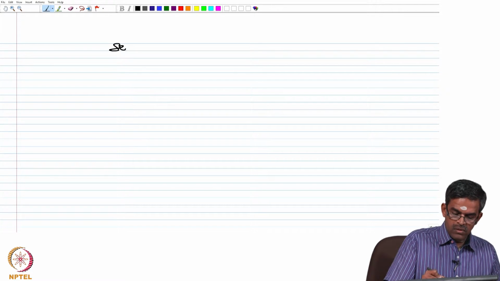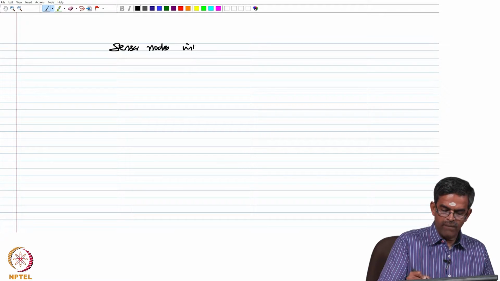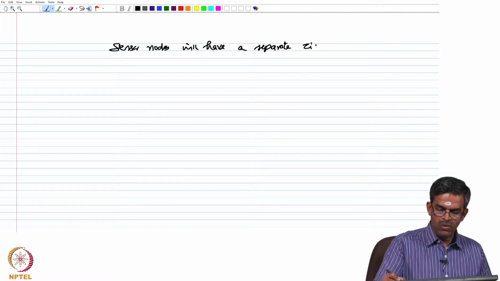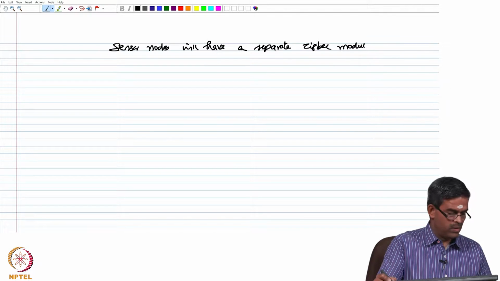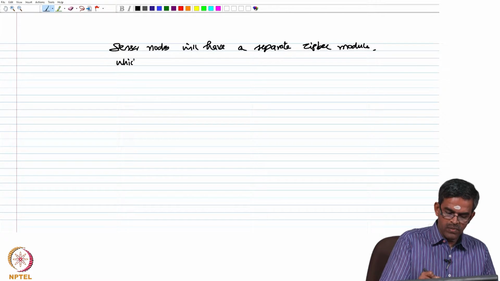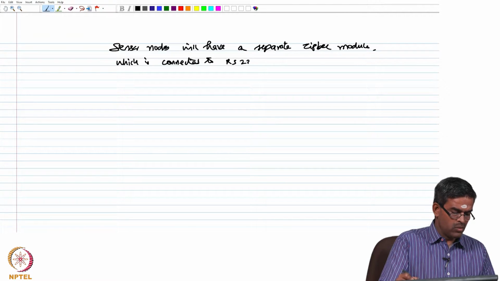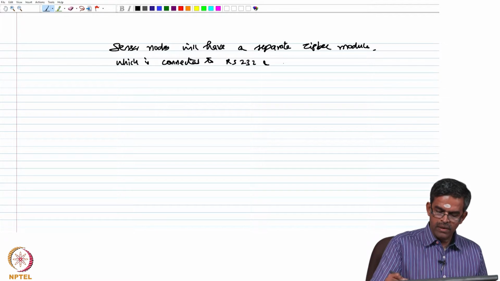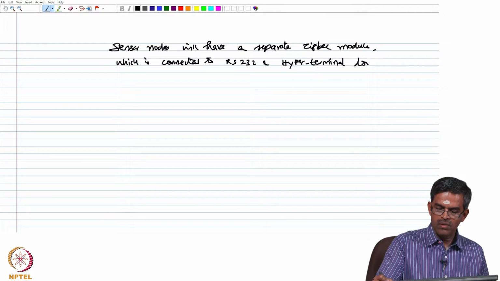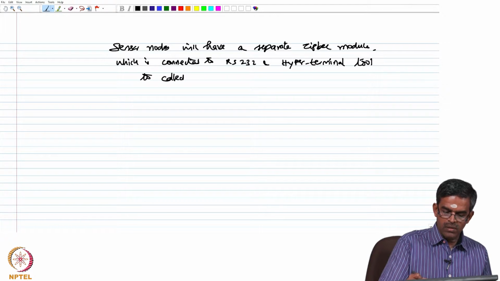So, now the sensor nodes will have a separate Zigbee module which is connected to RS-232 and hyper terminal tool to collect the data in parallel.